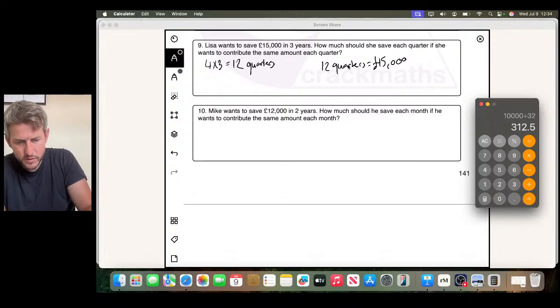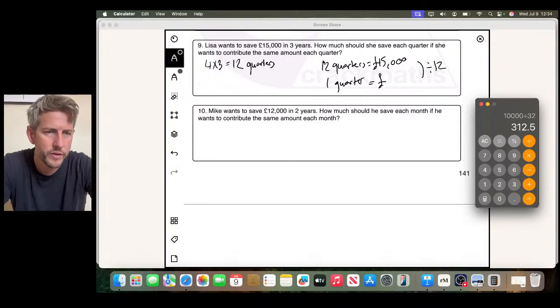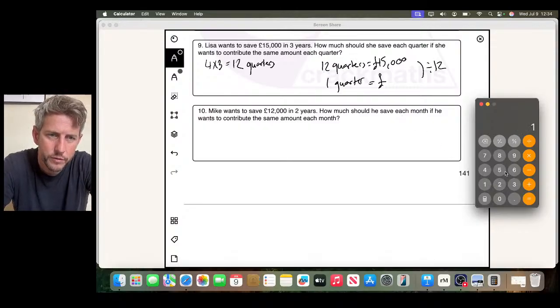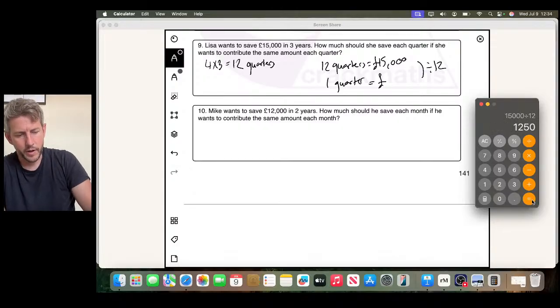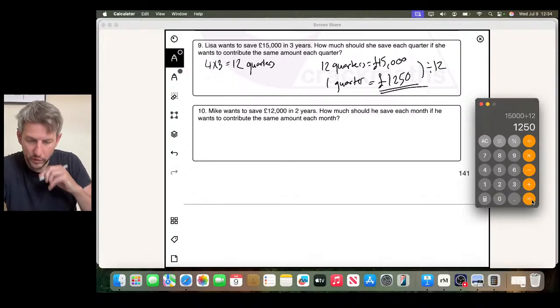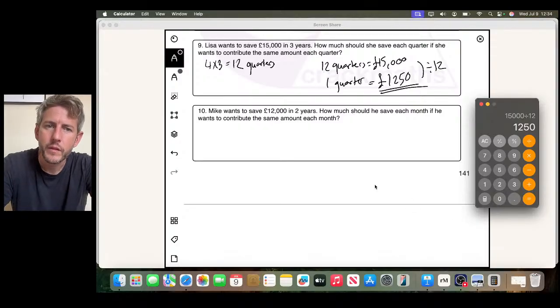And that's pounds. So 1 quarter will equal this divided by 12. Let's find out. 15,000 divided by 12. There we go. £1,250 each quarter. Right.